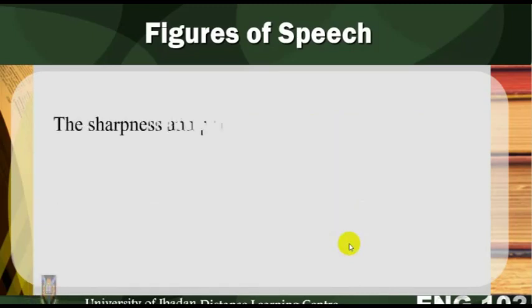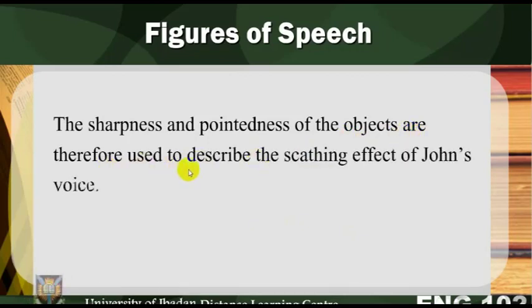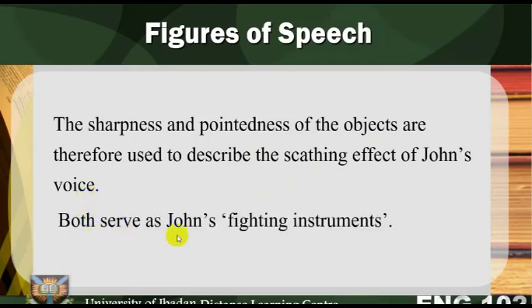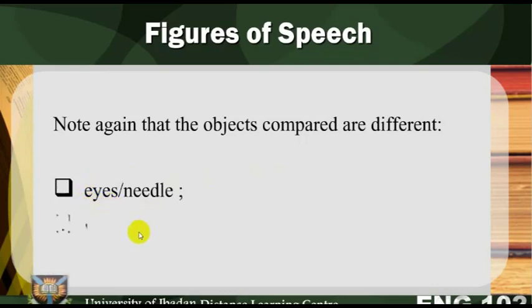The sharpness and pointedness of the objects are therefore used to describe the scattering effect of John's voice. Both serve as John's fighting instruments. Note again that the objects compared are different: eyes, needle; voice, scalpel.